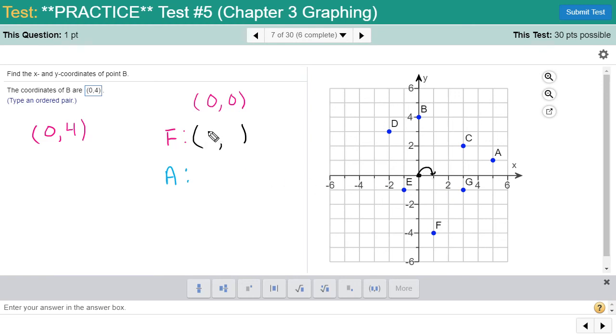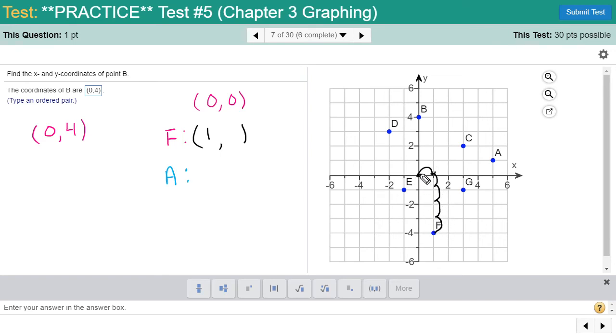So we would say then that F has an ordered pair of 1 for the x. And after we make our shift to the right, how many units are we either rising or falling? Well, in this case, we have to fall a certain number of units. So let's see how many. 1, 2, 3, and 4.